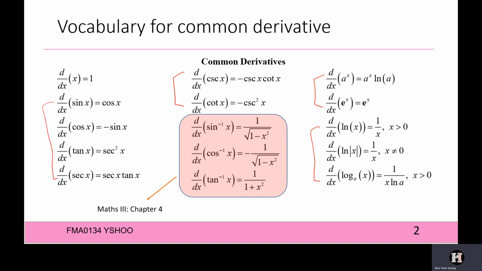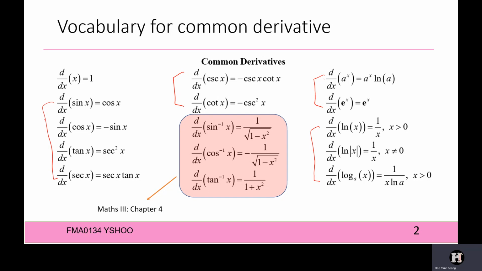You no need to panic, just assume it's like another sine. Differentiate sine inverse, you will get 1 over the square root of 1 minus x squared. Differentiate cos inverse, you will get this one. You will see this in detail in Chapter 4 in Maths 3.